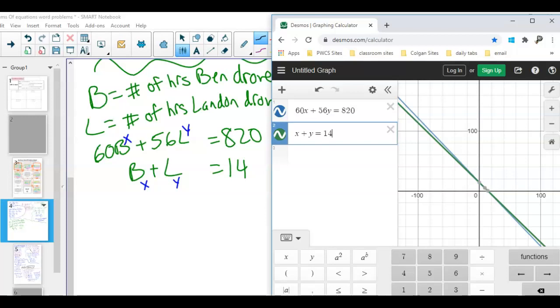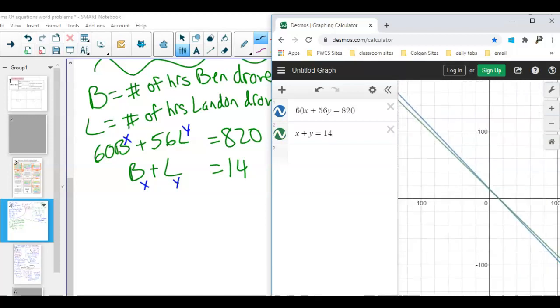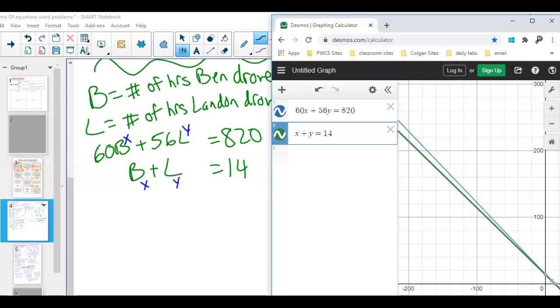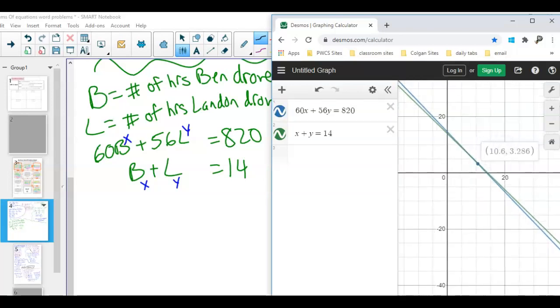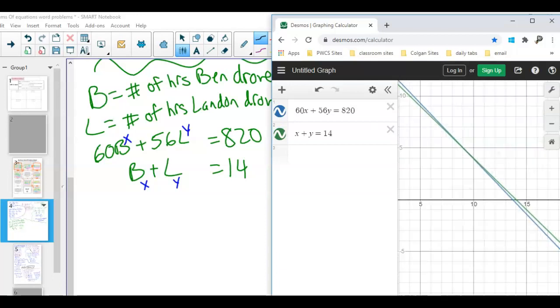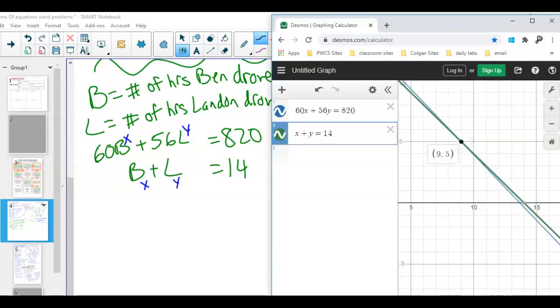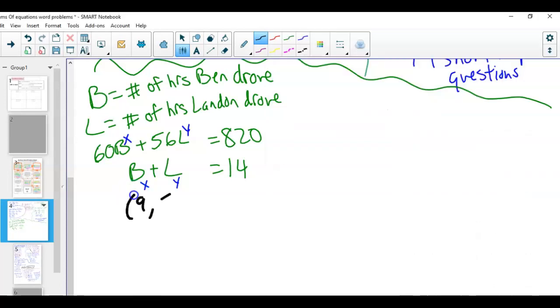So for a second, it almost looked like they weren't going to intersect and they were parallel, but if we look down further, I can see that they're going to intersect. Looks like at that point, 9, 5. We were looking for the number of hours Landon drove, and that was y. So I can say that he drove 5 hours.